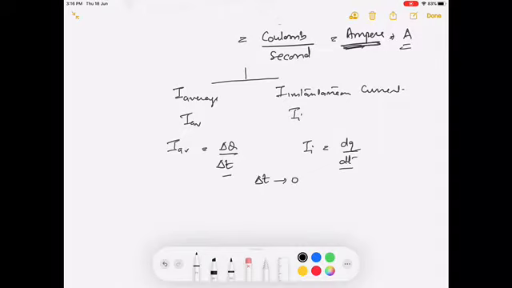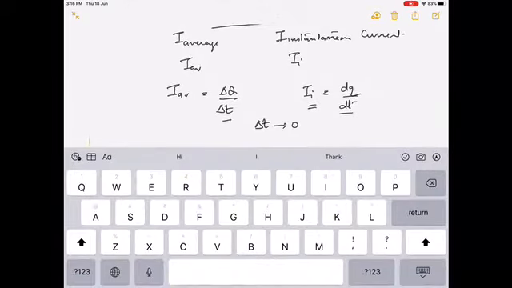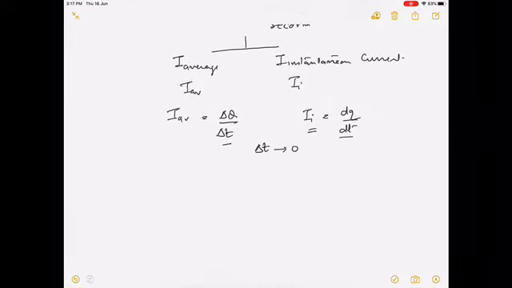Now what is the difference? When this time interval tends to 0, that is when the time interval becomes very small, then we say the average current tends to instantaneous current. This is the current at a particular instant of time, and this is between some time interval.